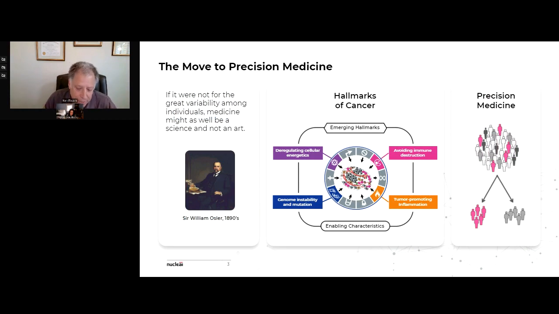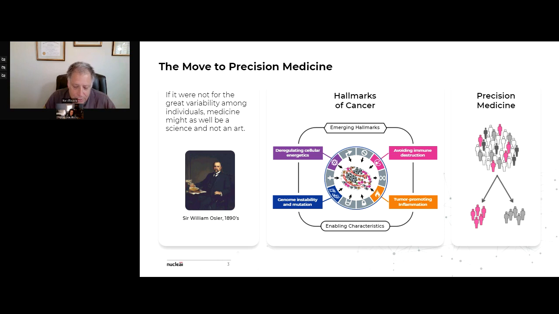Throughout my career, I had the privilege of participating in the evolution of pathology and the emergence of precision medicine. As a medical student and resident, I was taught that medicine was an art and would always be an art because of the great variability in individuals and their tumors. But over the next 3 decades, I participated in the scientific advancements that reshape pathology and medicine.